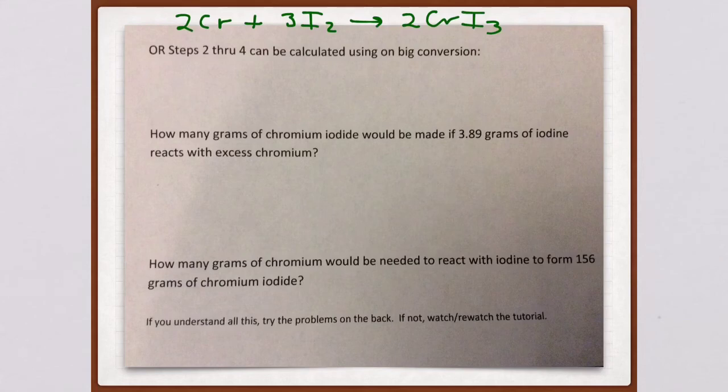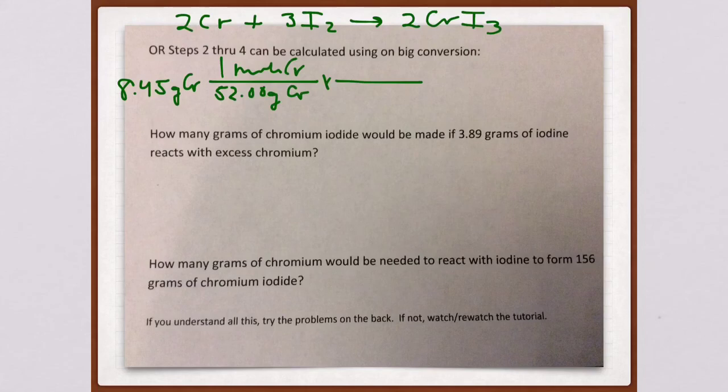Okay, we started with, what did we start with? 8.45 grams of chromium. And we need to divide by the molar mass to get to moles of chromium. Then it was the recipe step, so for every 2 moles of chromium, it's 2 moles of chromium iodide.